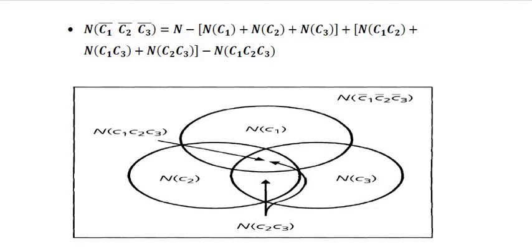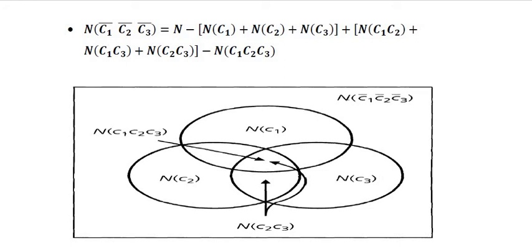Let S be the set with cardinality of S equal to N, and let C1, C2, etc., Ct be a collection of t conditions or properties, each of which may be satisfied by some elements of S. So for all 1 less than or equal to i less than or equal to t, n of Ci will denote the number of elements in S that satisfy the condition Ci.